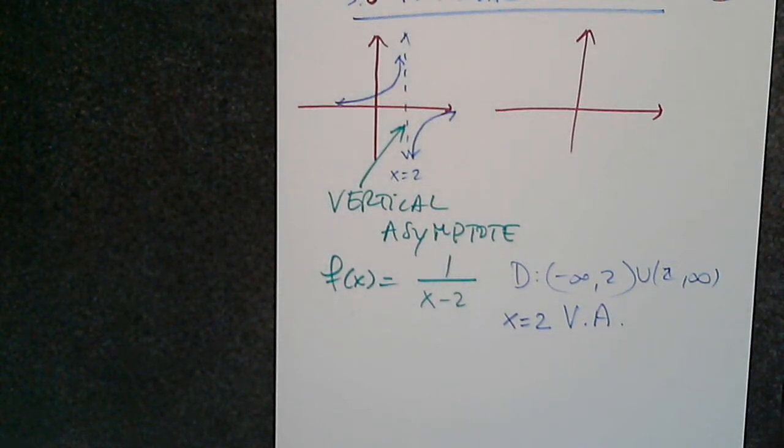No polynomial function has a vertical asymptote. How come? Because the domain of all polynomial functions is all real numbers. There is no gap. It's never undefined. Okay, so let's take a look at another situation.